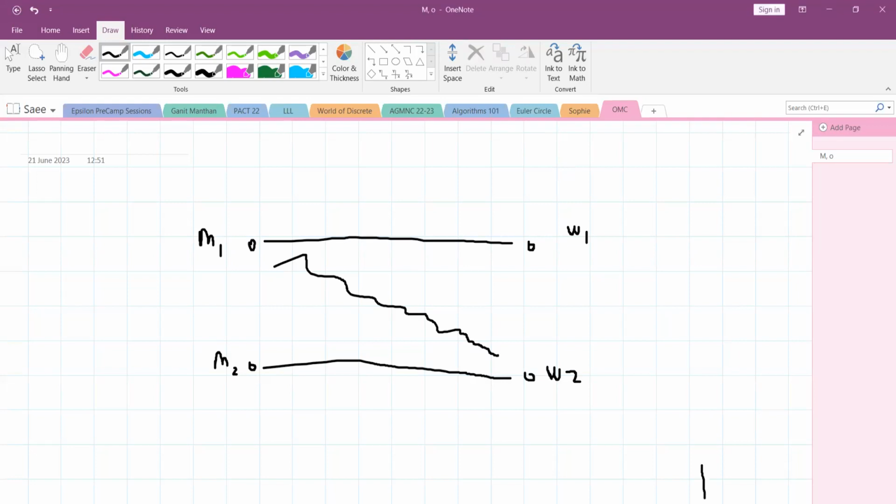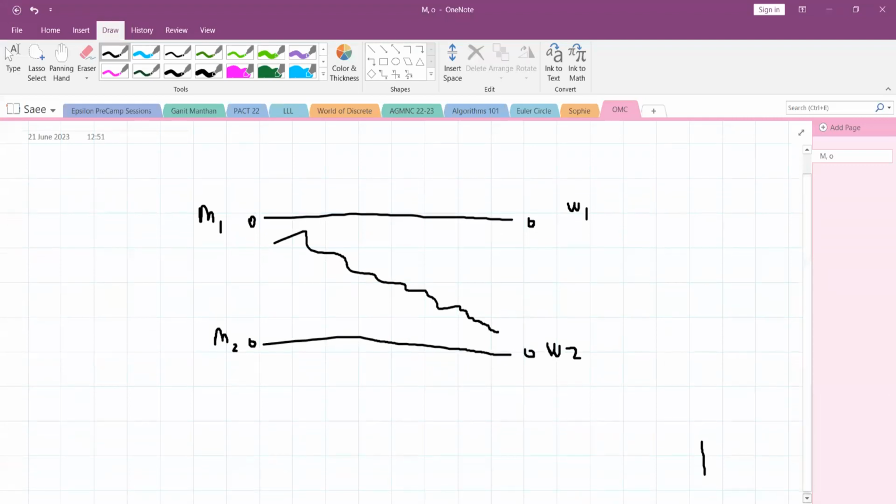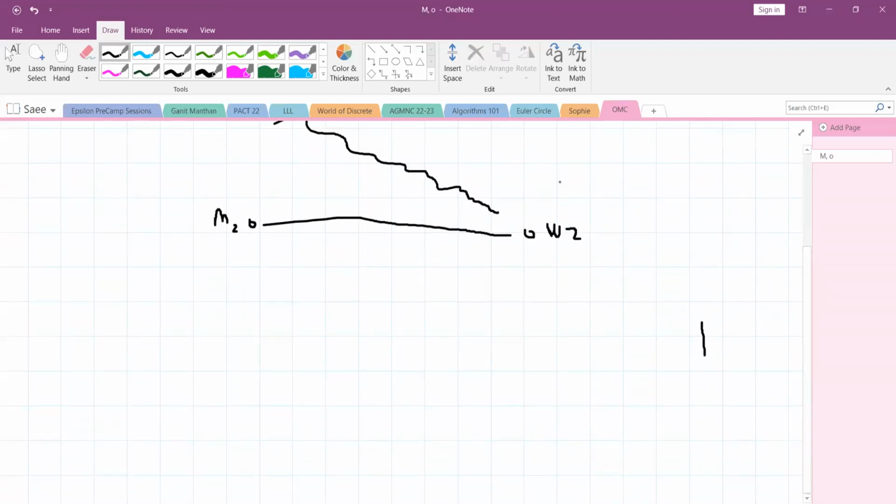Maybe we can keep this as a question for later on. Let me just write this out. Does every instance contain a stable matching?